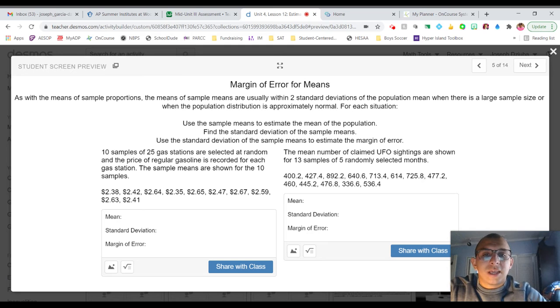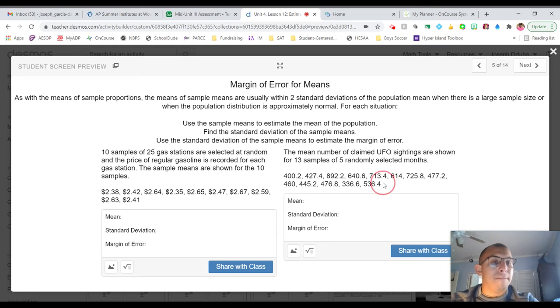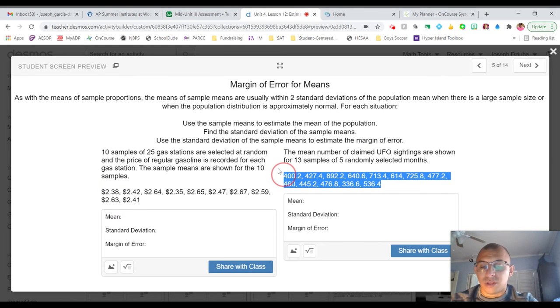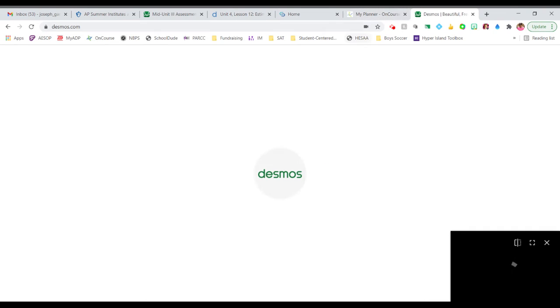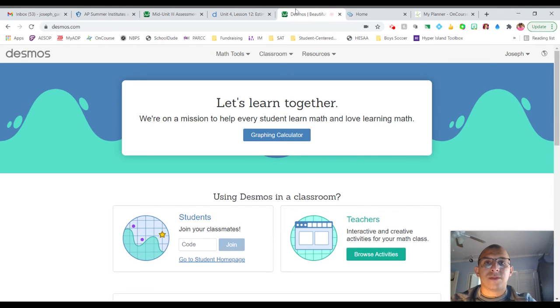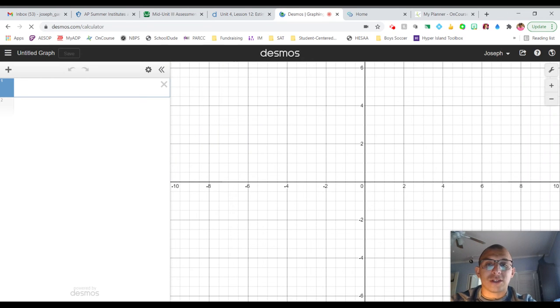So let's take, for instance, the mean number of claimed UFO sightings shown for 13 samples of 5 randomly selected months. Back in the day when dinosaurs roamed the earth, we would calculate these values by hand, but we exist and operate in the 21st century.